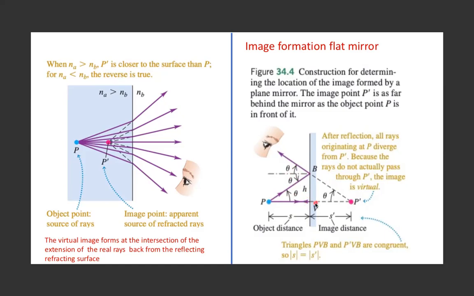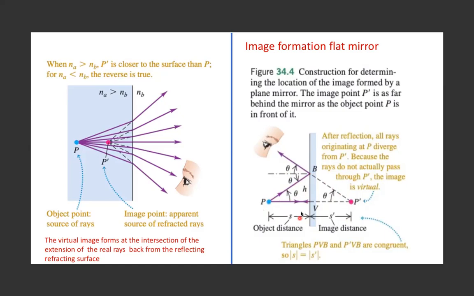We know by construction this one is 90 degrees. Then we know this angle is the same as this one. So this triangle here is exactly equal to this triangle here. They are congruent triangles. And due to that, the distance at which the image is behind the mirror is equal to the distance the object is in front of the mirror.